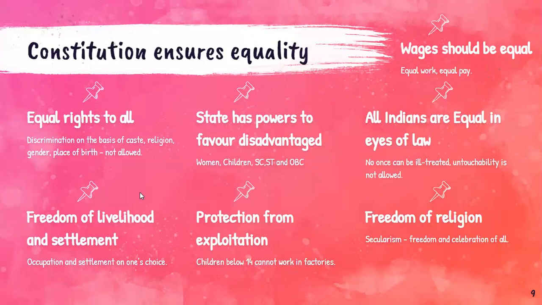That is how important the constitution is, and that is how vast the constitution is. Imagine the plethora of cases that are taken up in the court. Any issue that you can think of has its base in the constitution, because the constitution ensures equality of all its citizens, right?